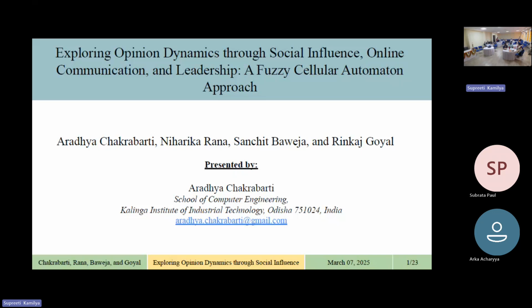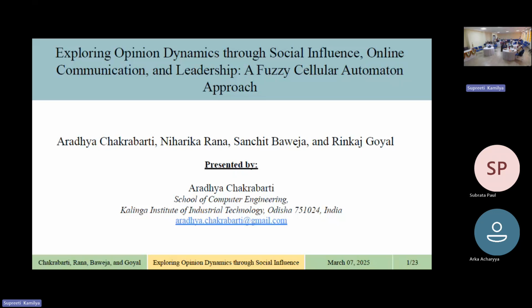We extend a model of opinion dynamics called the Hegselmann-Krause model using normative social influence and online communications. I'll talk about all of them in detail. We try to describe them through a somewhat structured approach, and in doing so, we use cellular automaton states, which are fuzzified to model uncertainty in opinions.